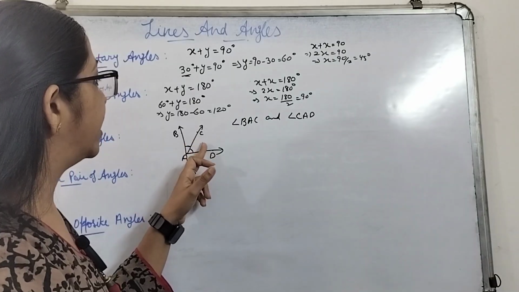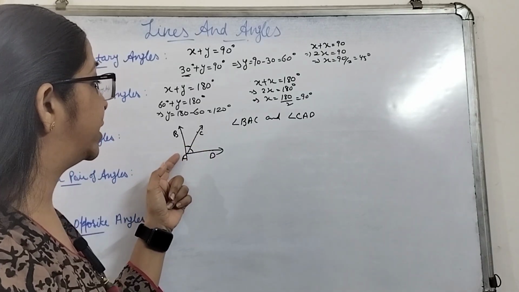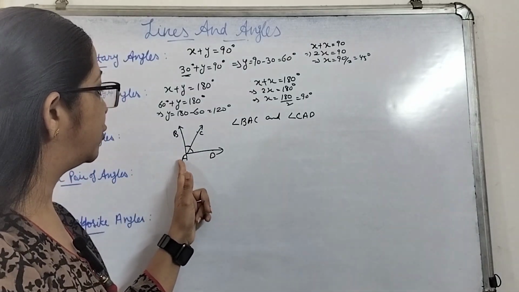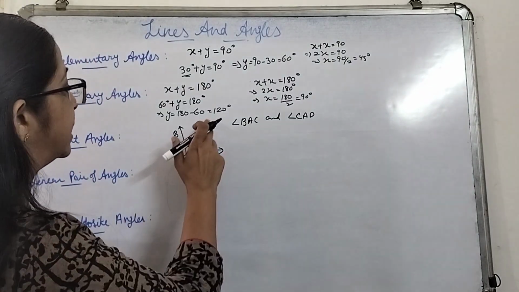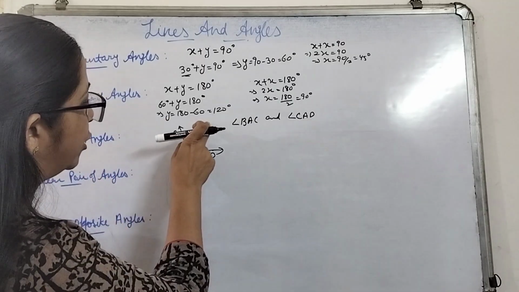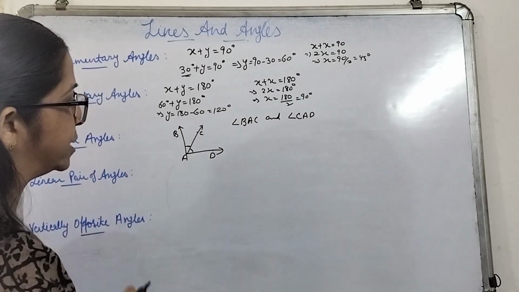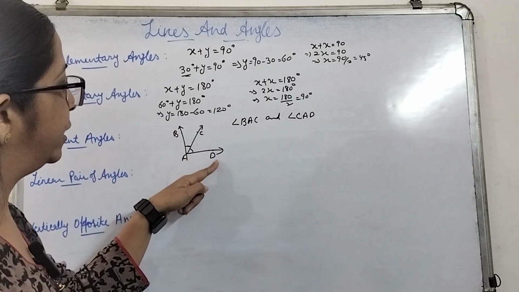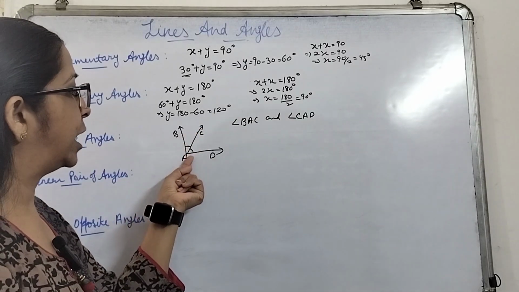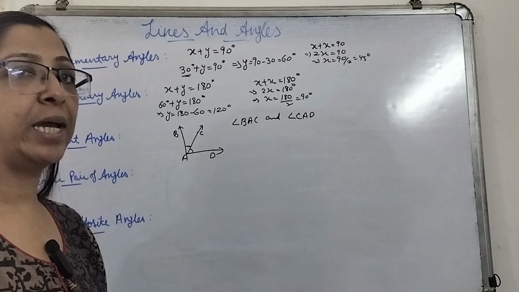Why? Because they have the same starting point, that is the vertex for both angles is the same, that is A. A is the vertex for both, and AC is the common arm of both angles. For the angle BAC, one of the arms is AC. For the angle CAD also, we have an arm AC. That means the AC arm is common for both angles.